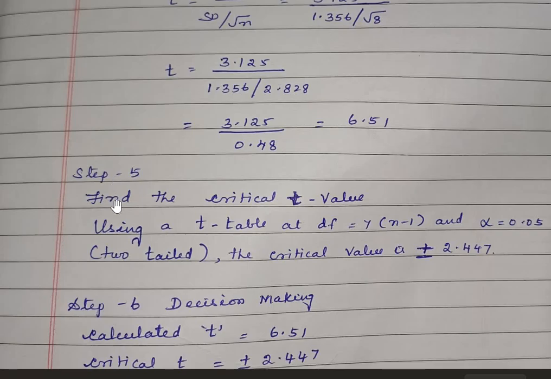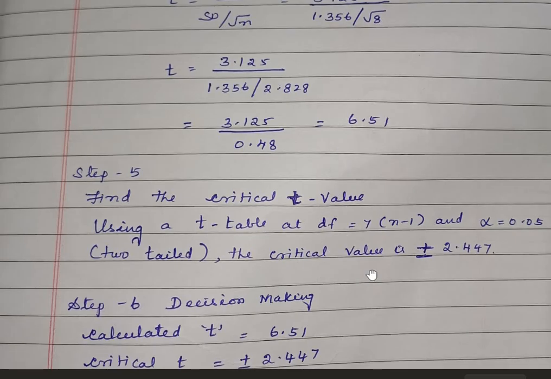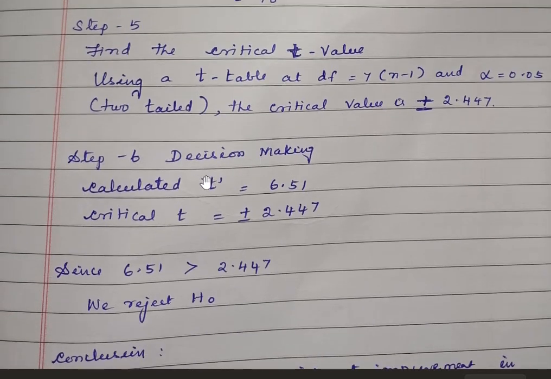The next step is to compare with the table value of t. In the t table, at n minus 1 degrees of freedom, here 8 minus 1 is 7 degrees of freedom, at the 5% significance level, the table value is 2.447. We compare this with the calculated value to conclude whether to accept or reject the hypothesis.